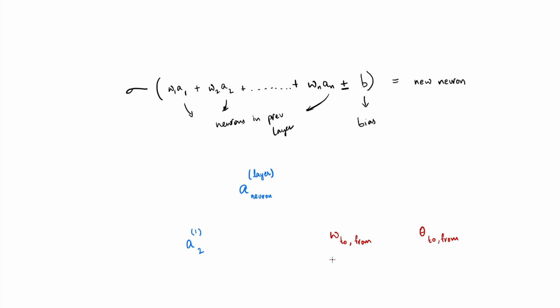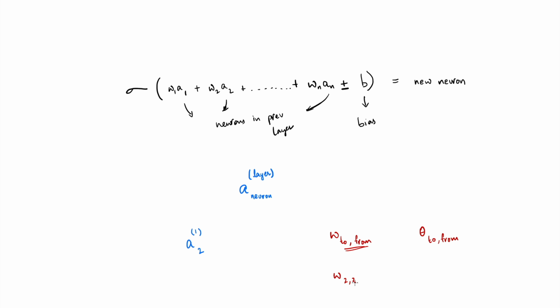Because when we represent these in terms of matrices, this order makes sense. Now let us say to the third neuron in the third layer from the fourth neuron in the second layer.